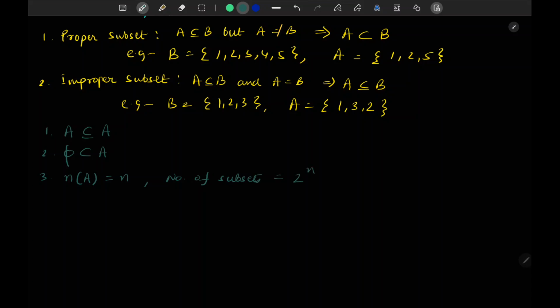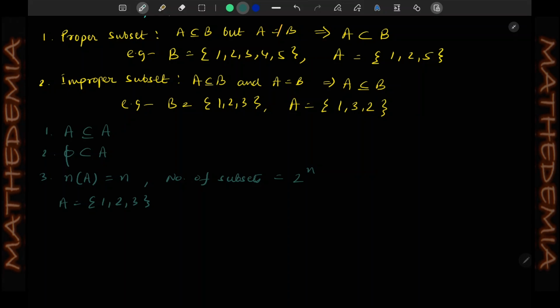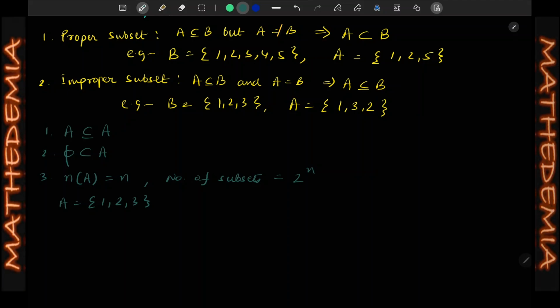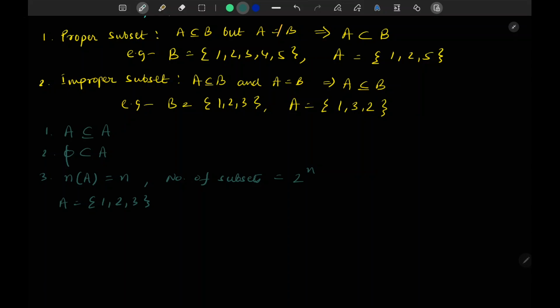This can be easily demonstrated using an example. Say for example, we take a set A equal to 1, 2, 3. We first write all the subsets, both improper and proper, which can be derived from this set. Since the empty set is a subset of every set, the first subset will be phi. Now taking one element from the set A, we get the subsets 1, 2 and 3.